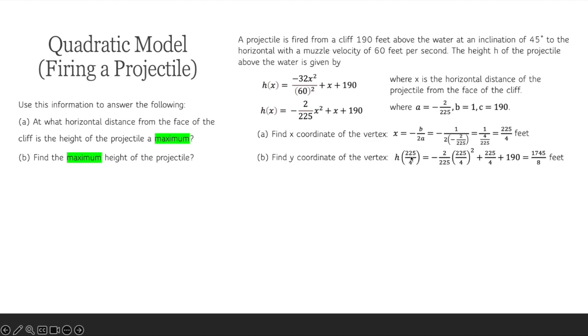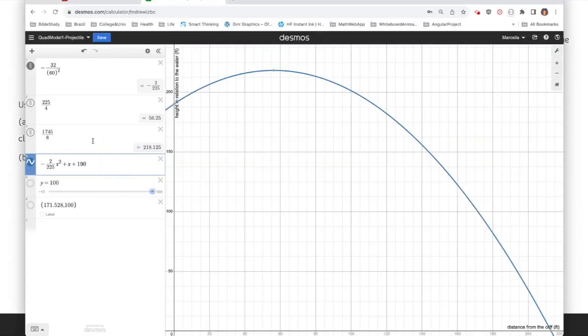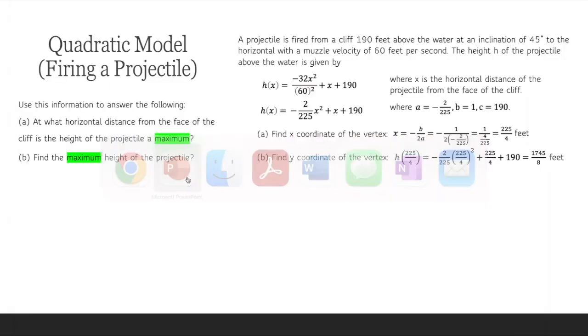So I will replace x by this number here, and then I put this whole expression in decimals, and I check as a fraction, and this is the number that I found, 1,745 over 8. And then I went there to see what this value is, 218 feet, 125 thousandths.